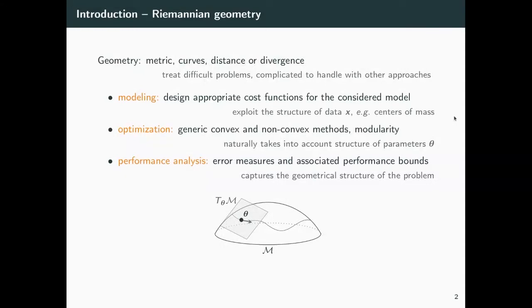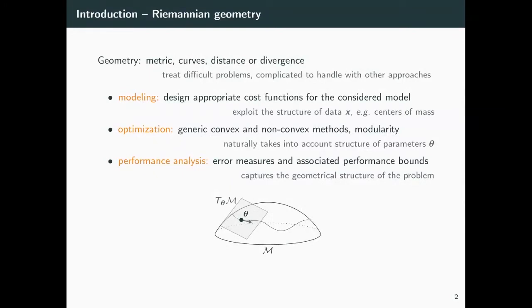On optimization, because we can exploit the structure to optimize the cost function, remain in the manifold, and have appropriate methods. And there is also a framework that deals with performance analysis of our estimators, in particular defining geometric error measures and the associated performance bounds.